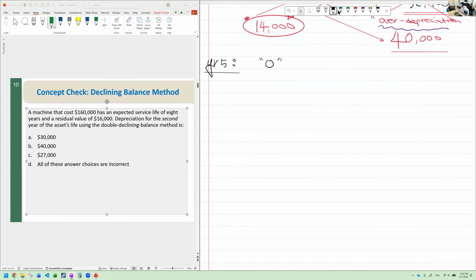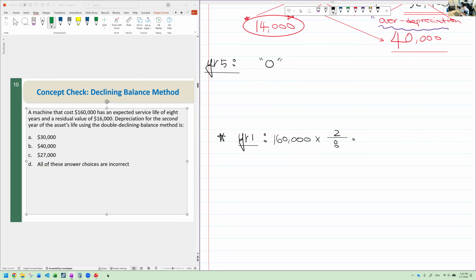So for that, we first have to calculate the amount of depreciation in year 1. Okay. So year 1. There you go. So first year, we're going to take the purchase price, $160,000. Okay. The formula says in the numerator, we put down 2 over service life. In this case, 8 years.